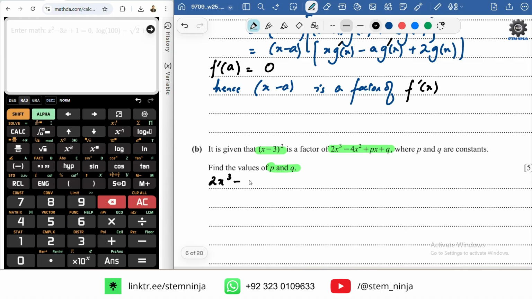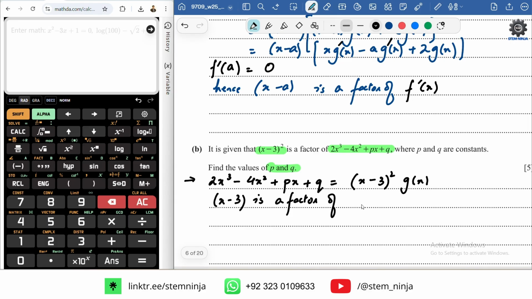If we mimic this, 4x squared plus px plus q is equal to x minus 3 whole squared times g of x. Using this rule over here, x minus 3 is a factor of the derivative of this thing. 3 times 2, 6x squared minus 8x plus p.